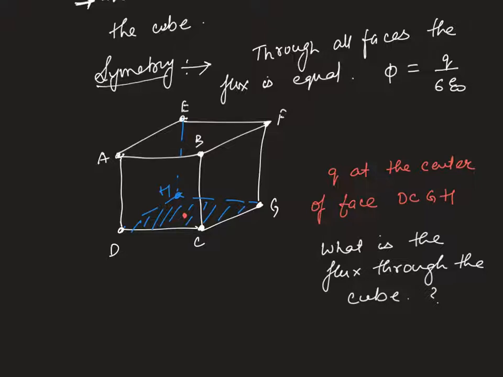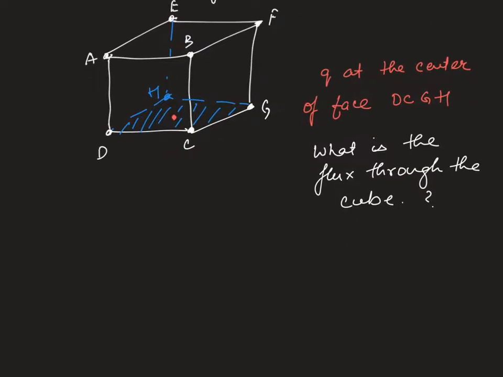So if we can draw a two-dimensional diagram, that would be good at this point of time. So we have a cube like this, and there is a charge somewhere here, because this is your line of sight, as you can see, so you won't be able to see that face clearly. So this is the charge that is over here.